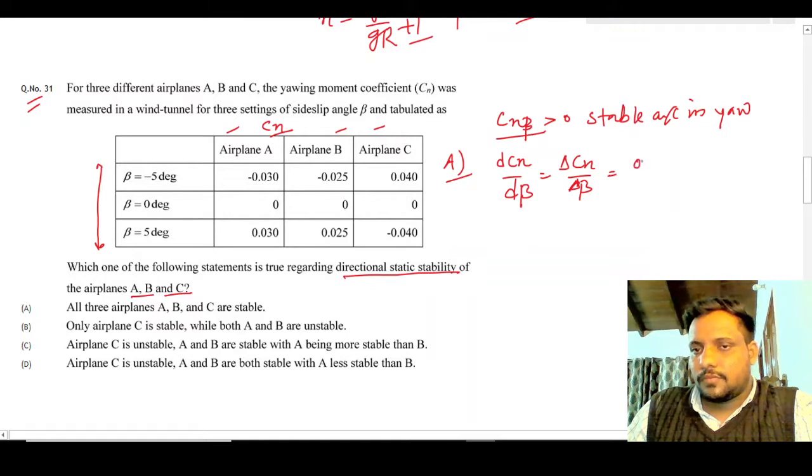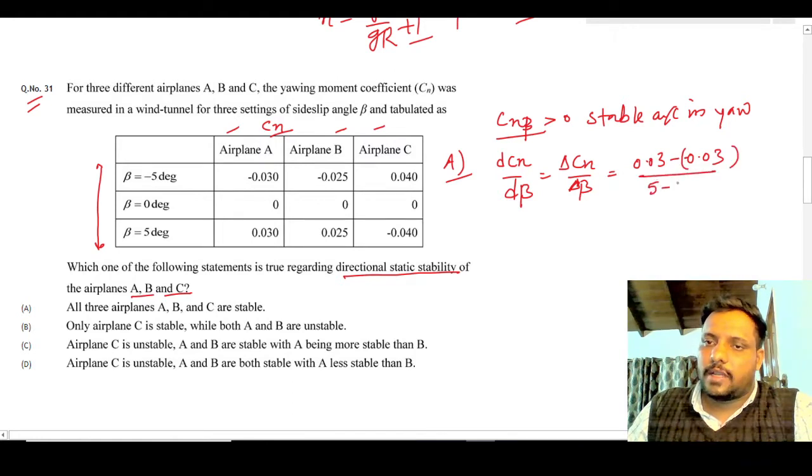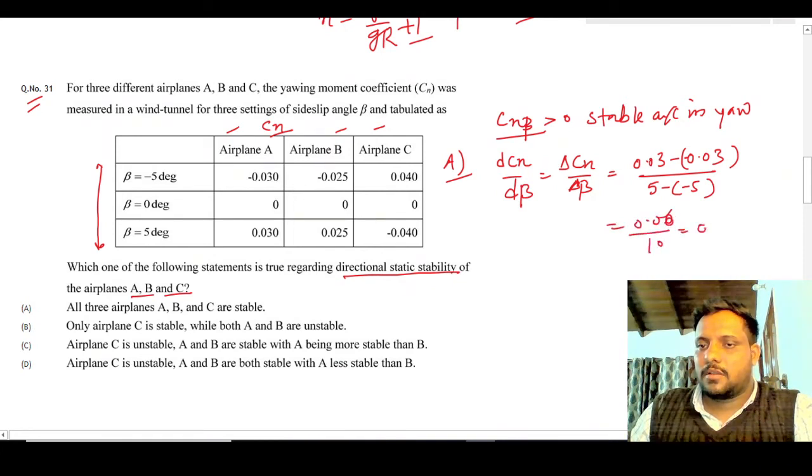So 0.03 minus minus 0.03, this minus sign is there, 5 minus minus 5, so 0.06 divided by 10, which is 0.006 per degree.